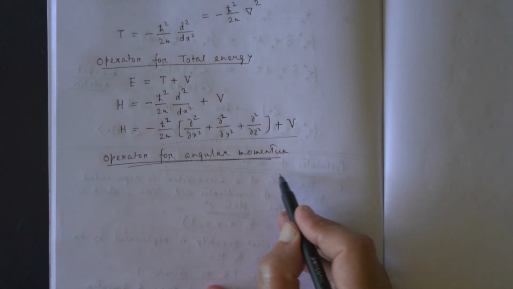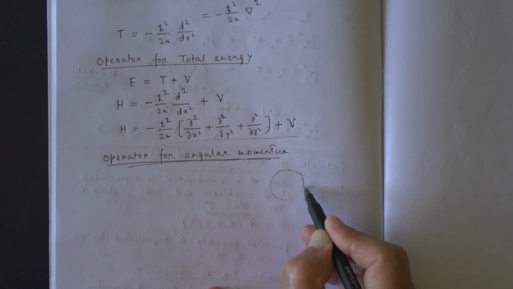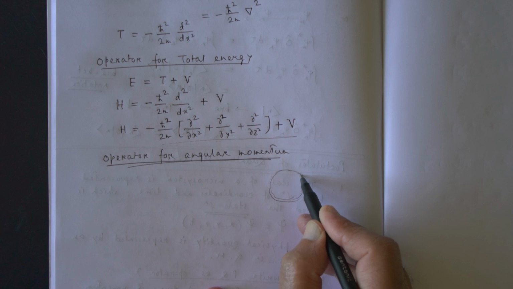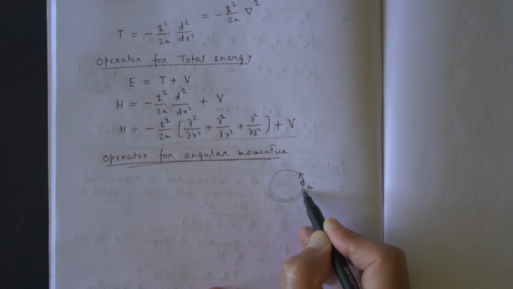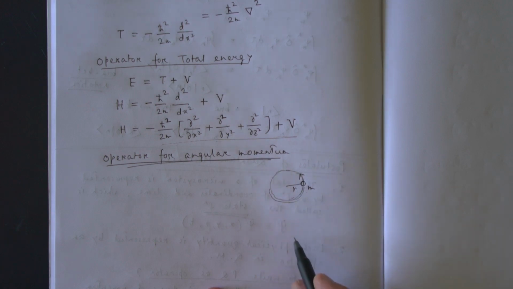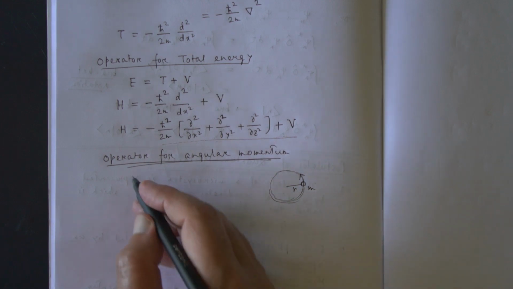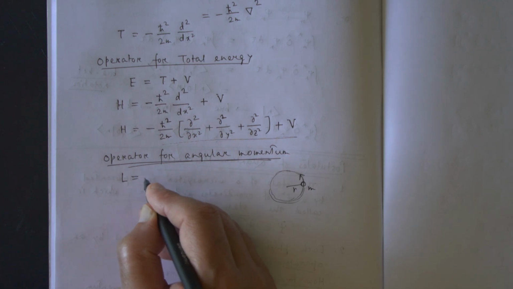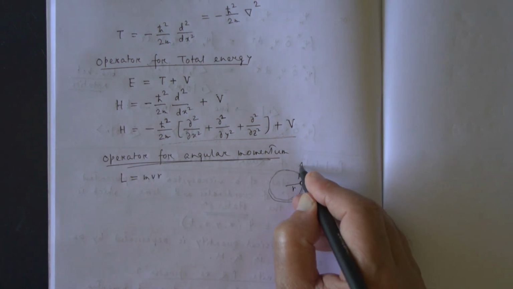Suppose one particle of mass m is rotating along a circular path of radius r. So it will have angular momentum, and we know in physics it is equal to mvr, where v is the velocity.